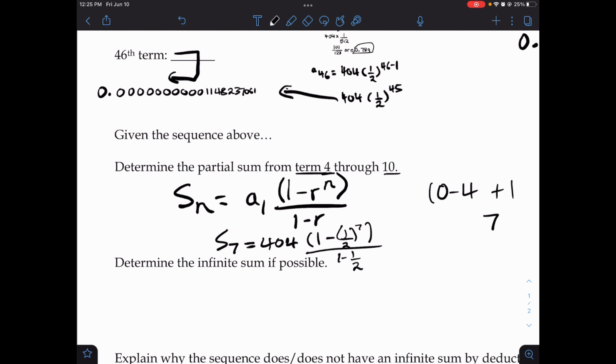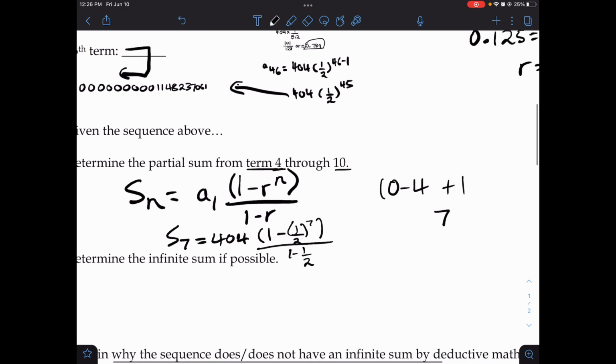So we get 1 minus 1/2 raised to the power of 7, over 1 minus 1/2. Okay, so 404 multiplied by that, and our sum comes out to be 801.687.